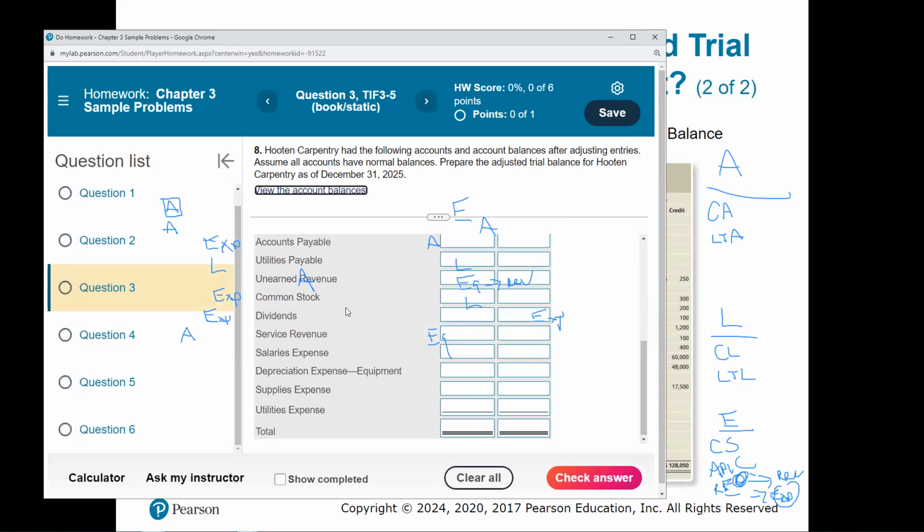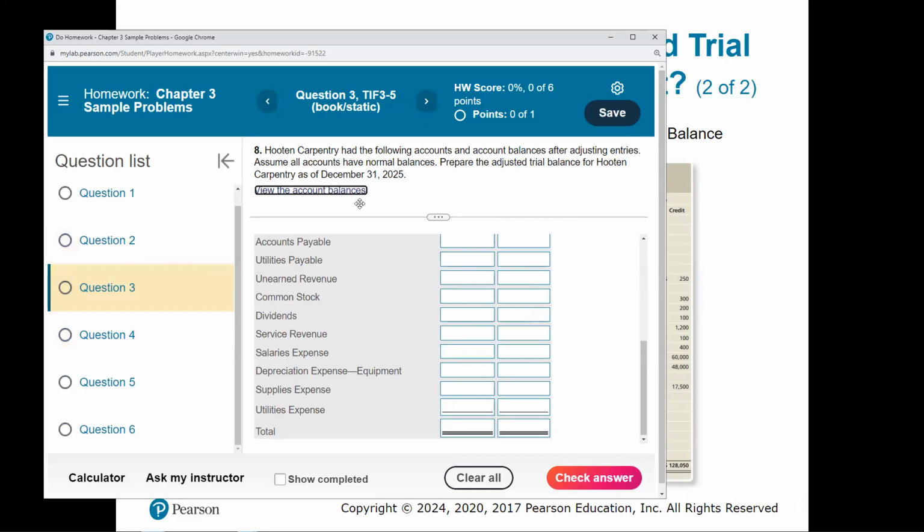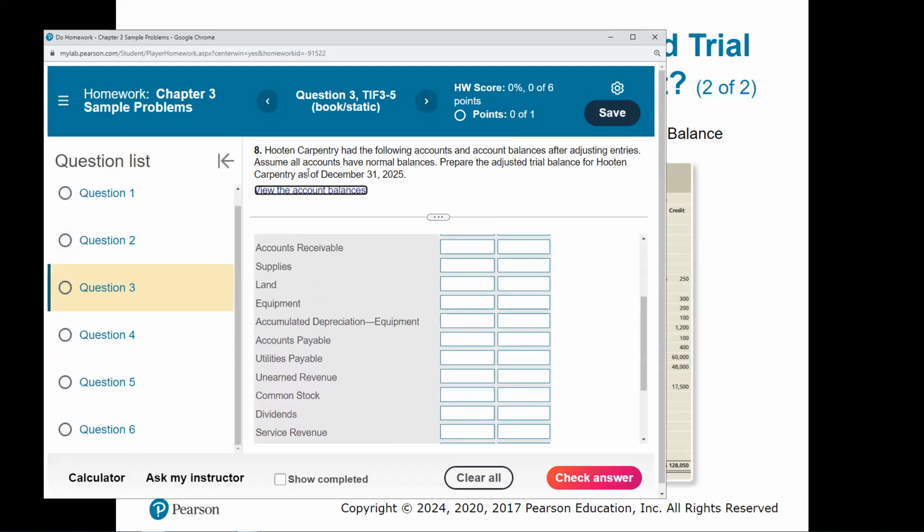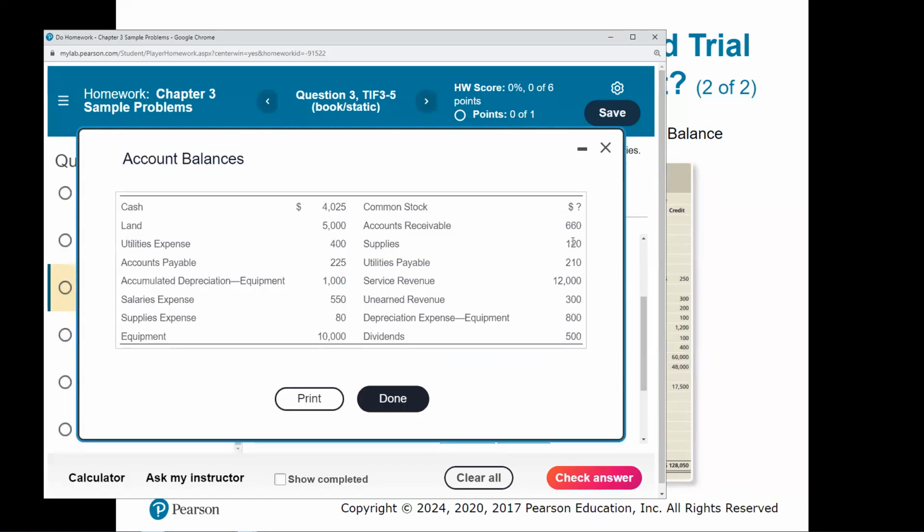Yes. Okay. What would we put in the common stock? So they have a common stock number out here. We have, oh, all right. So then, since there's a question mark there, we would want to use our accounting equation to solve for that one, right?